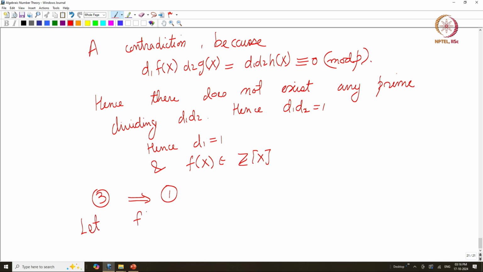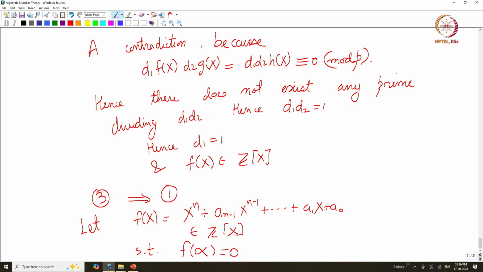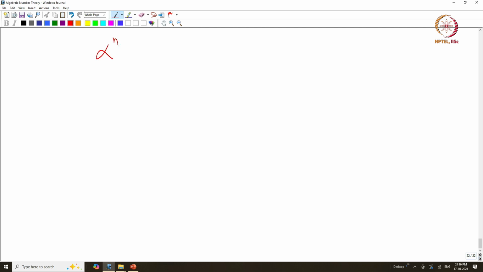So, let f of x equals x to the n plus a n minus 1 x to the n minus 1 and so on up to a1 x plus a0 be in Z[x] such that f of alpha equals 0. So, that is my polynomial given by 3. Then alpha to the n is minus a n minus 1 alpha to the n minus 1 minus a n minus 2 alpha to the n minus 2 and so on, minus a 1 alpha minus a 0.